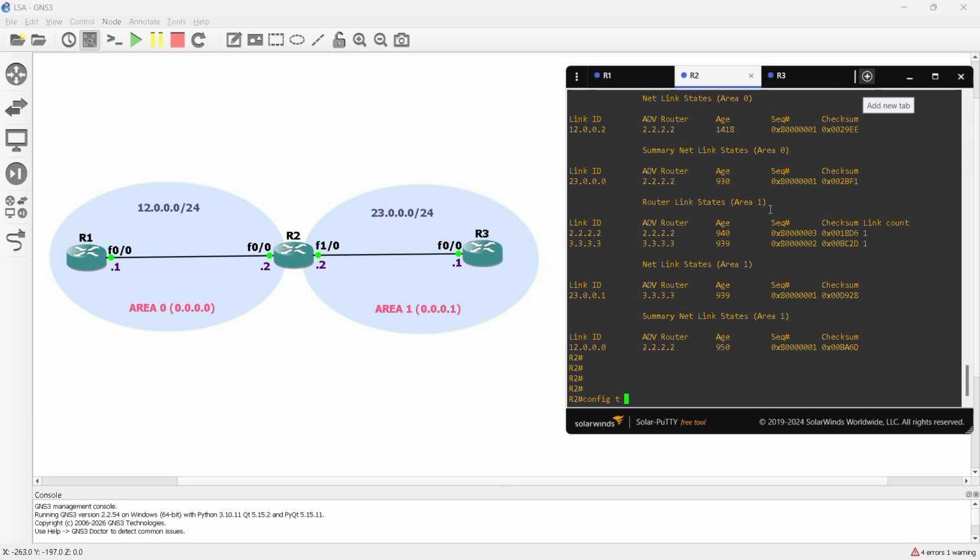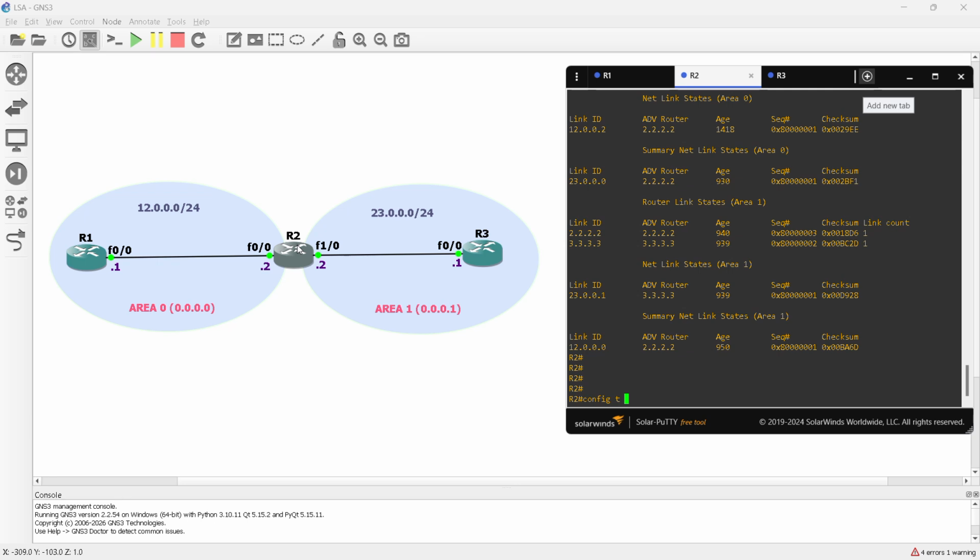Then we have the type 2 LSA, or network LSA, which is generated by the designated router. Then we have the type 3 LSA, which is generated by the ABR only, the area border router, also known as the network summary LSA.